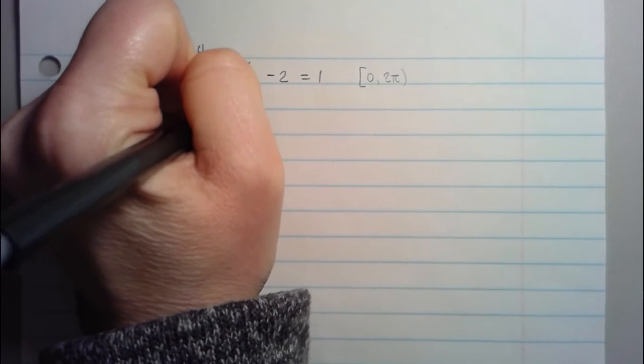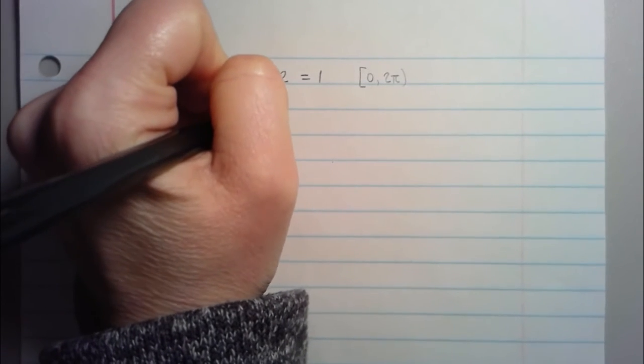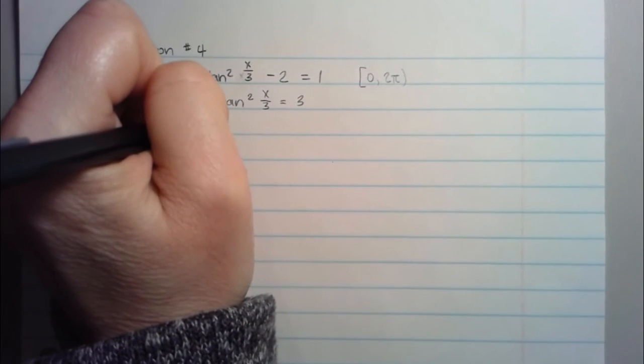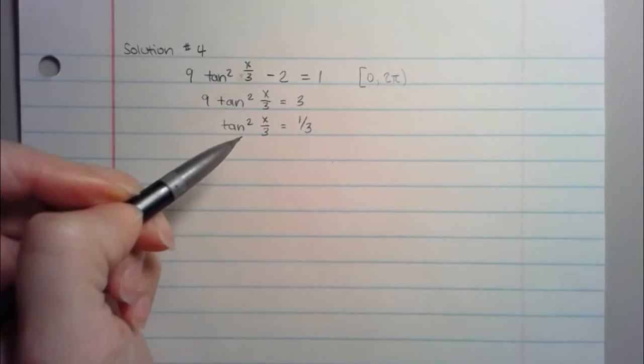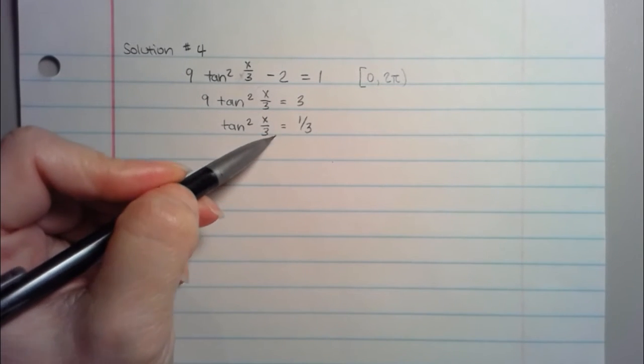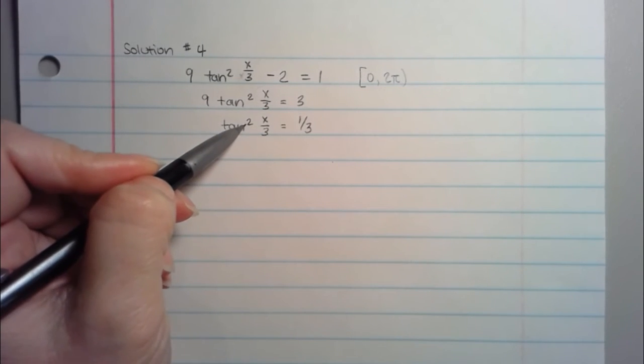So first we will add 2 to both sides, and that will give us 3. And then we're going to divide by 9 to get 1/3. And we're not going to do anything with this until after we find our angles, but we do want to get rid of the square.